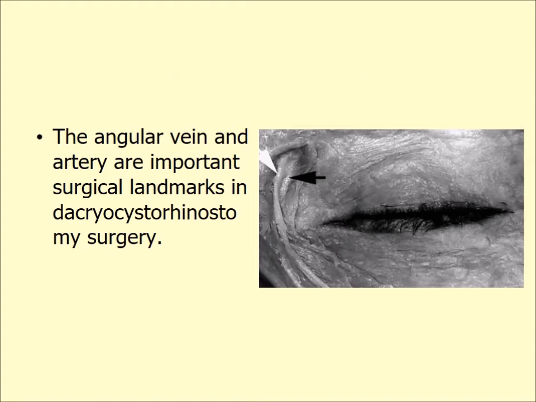Another important landmark is the angular vein, which is around 6 to 7 millimeters away from the medial canthus. Surgery over this area can cause profuse bleeding if we cut this angular vein, so precautions are taken not to cut it.